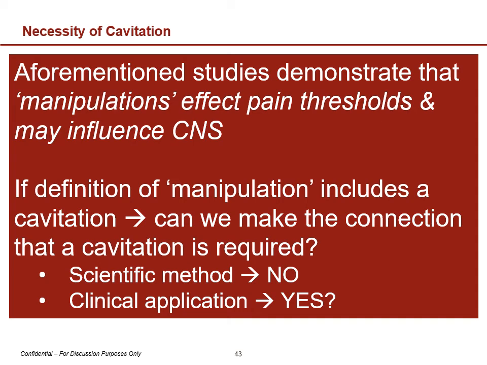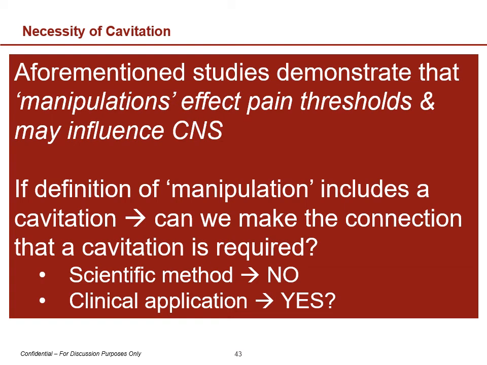So if we take the definition, manipulation, which includes a cavitation, can we make the connection that a cavitation is required? Thinking through it like this: all these studies showed that a manipulation had an effect on the central nervous system. If a manipulation includes the definition of a cavitation, is it required?